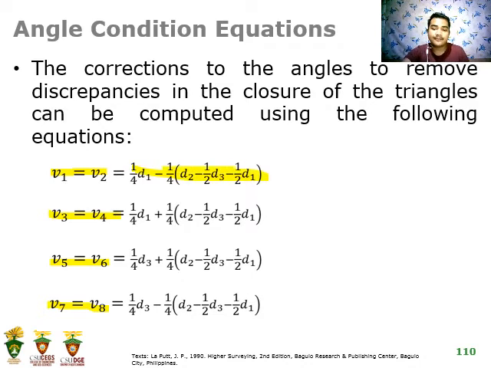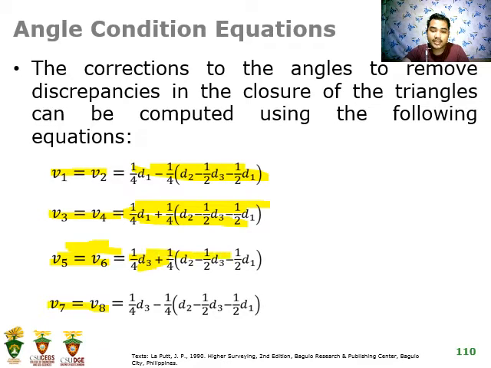So mao na iyahang equation. And si V3 is equal to V4 is equal to 1/4 D1 plus 1/4 D2 minus 1/2 D3 minus 1/2 D1. So, mao na iyahang equation. And for V5 and V6 is equal to 1/4 again D3 plus 1/4 D2 minus 1/2 D3 minus 1/2 D1.